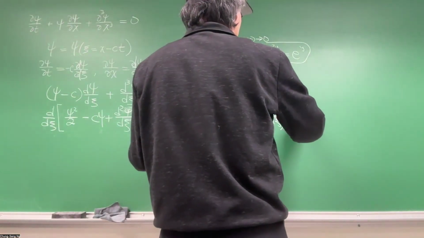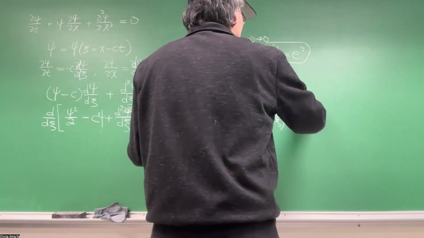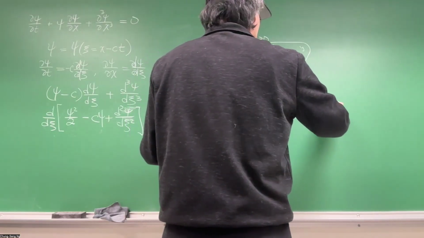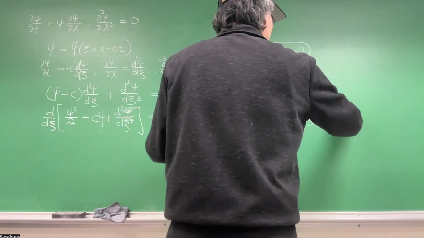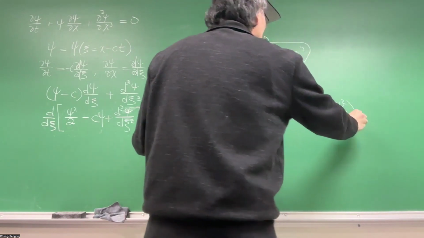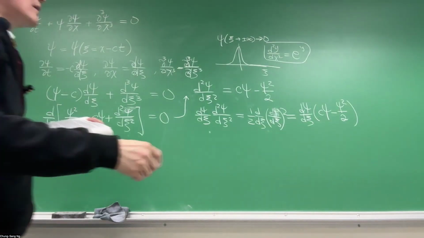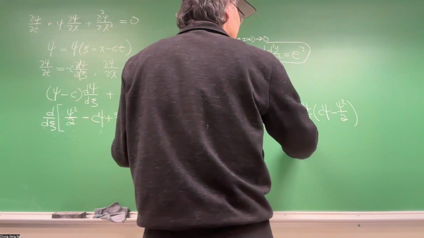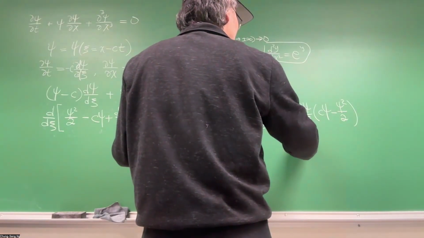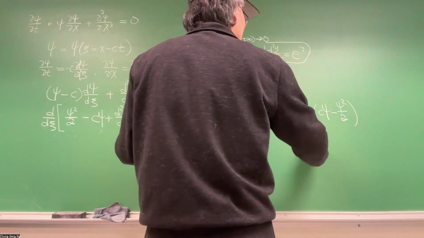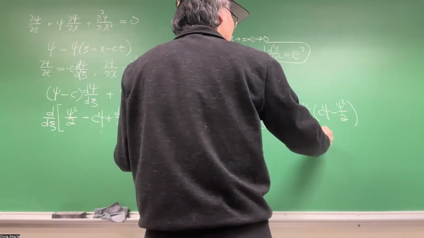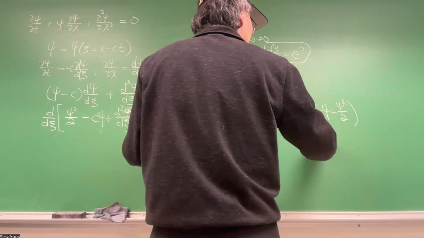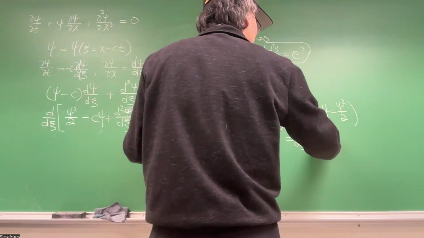The right-hand side you multiply by the same dψ/dξ: ξψ minus ψ² over 2. And also you can put it as a total derivative. And again, this one becomes, doing the same trick, this is ψ².